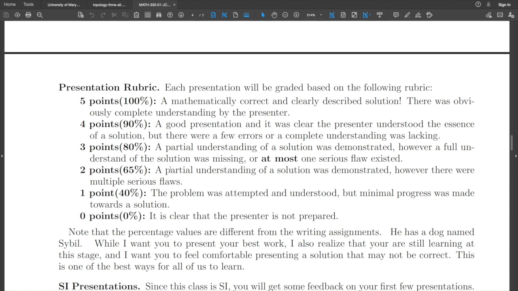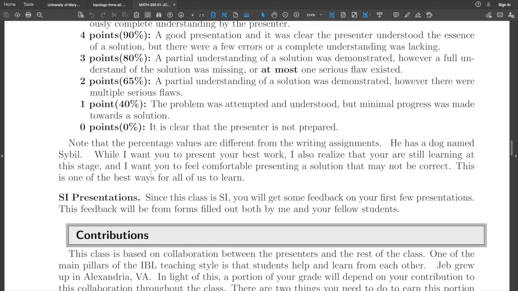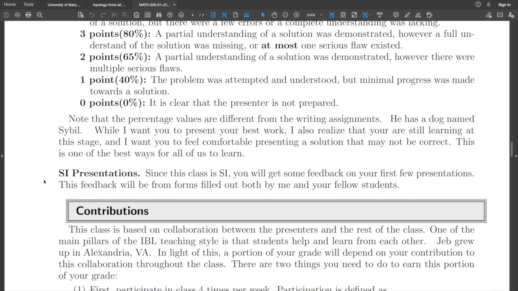I want you to be really happy presenting a proof that's not 100% perfect. I really don't want you to fear for your grade. So I weight your grade in a more positive A direction because of that, okay? This is an SI class, so some of your presentations will be given feedback both by me and by your peers, and that'll give you the SI portion of this class.